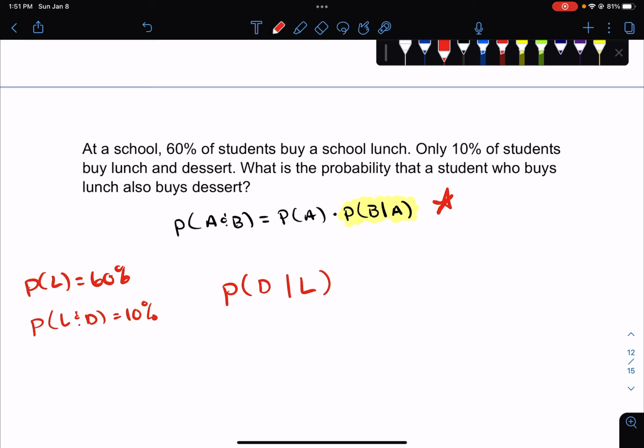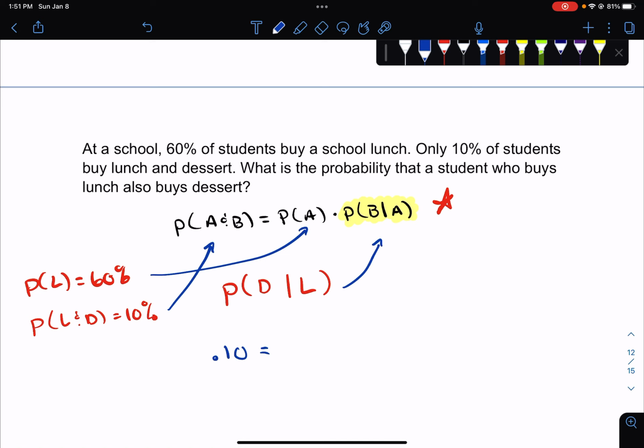Well, I can do this because I have a formula. I just need to plug the different pieces in. The probability of both of them happening goes right there. The probability of just buying lunch goes right there, which leaves me to find the unknown part. The probability of both of these things happening is 10%, so I'm going to write that as 0.10.